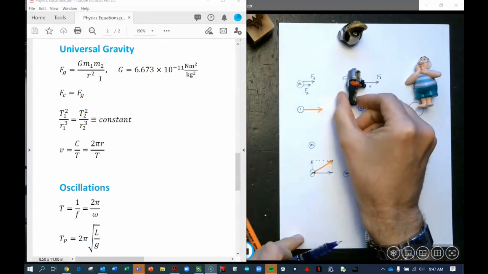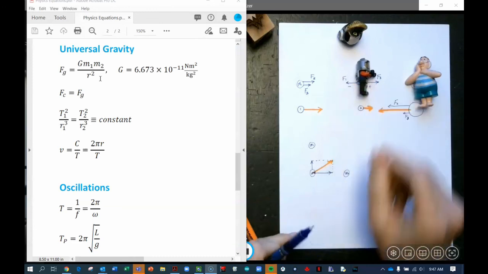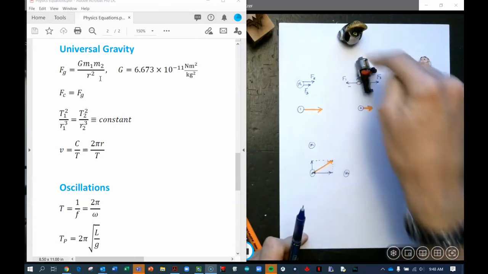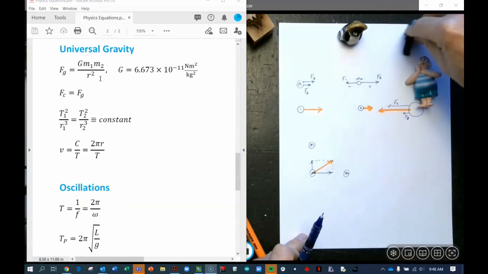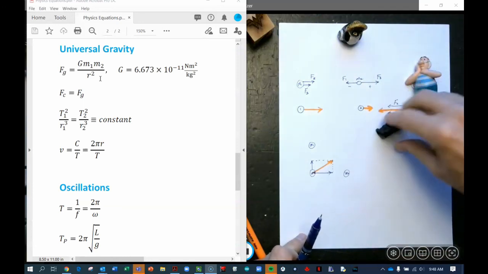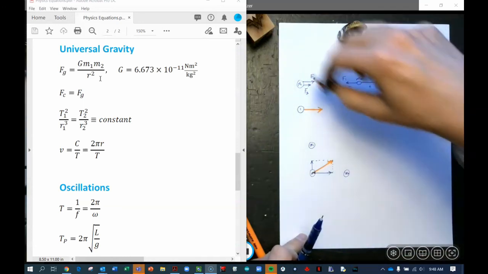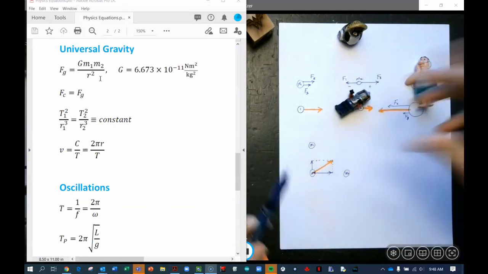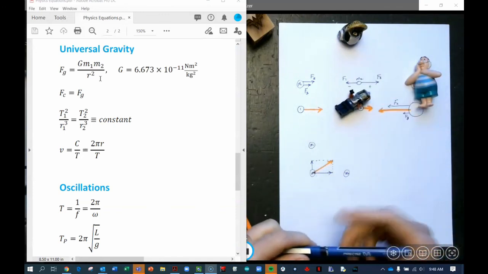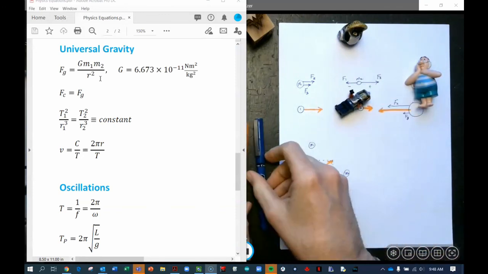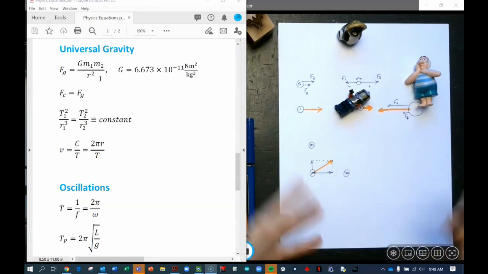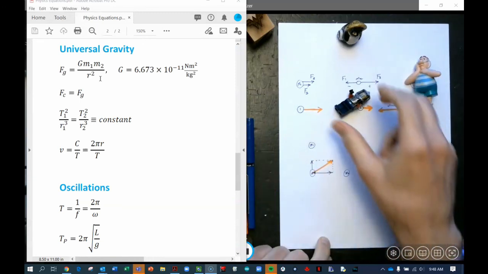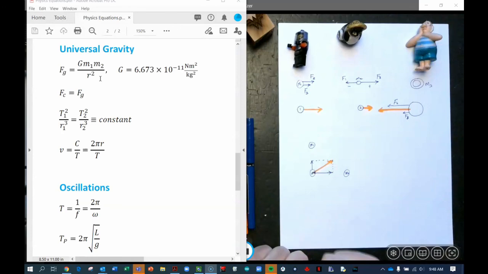So this little guy would move like so, but then of course as he moves the distances are changing, and so he would then do some kind of weird motion, and maybe he starts to orbit one or both of the masses, and you can get into some really cool orbital mechanics and numerical methods and things like that. But that's beyond the scope of this class. I just wanted to show you how to handle more than two masses.